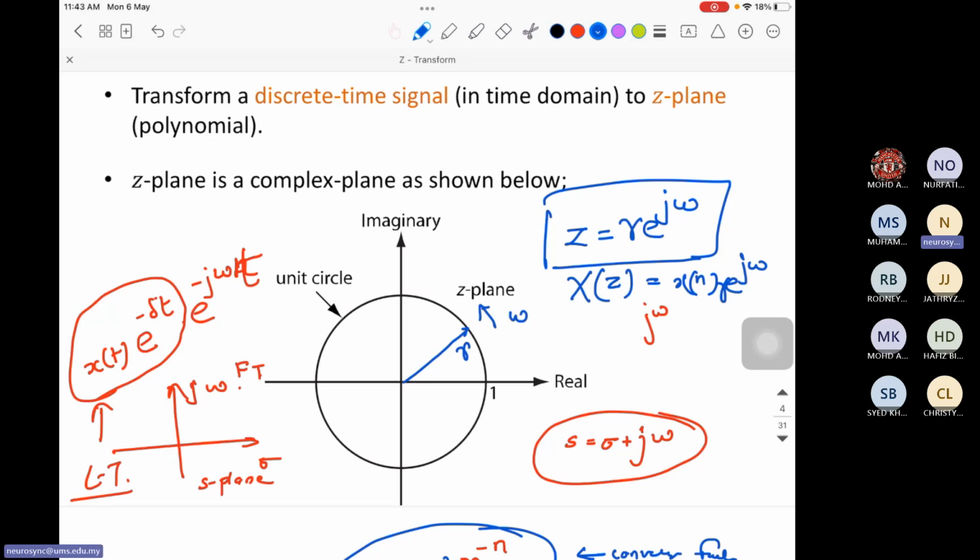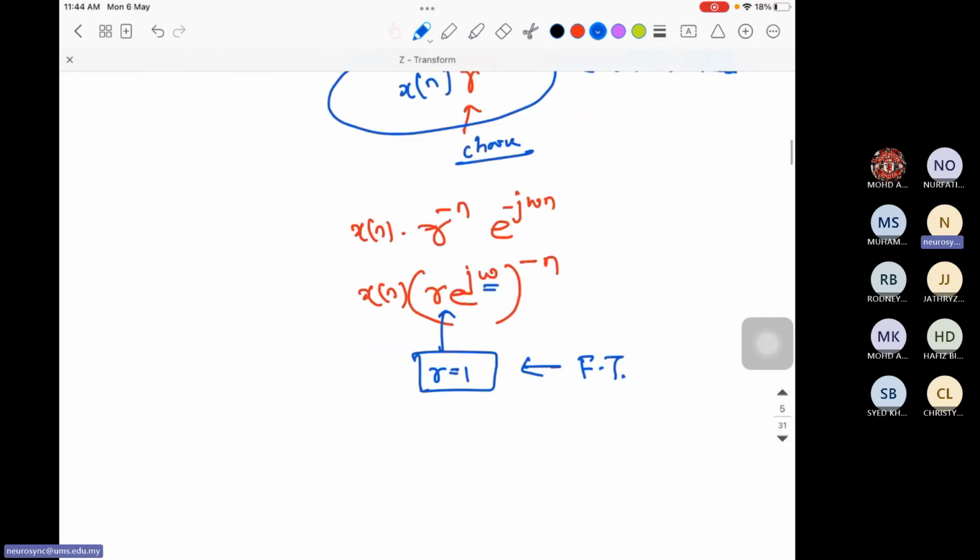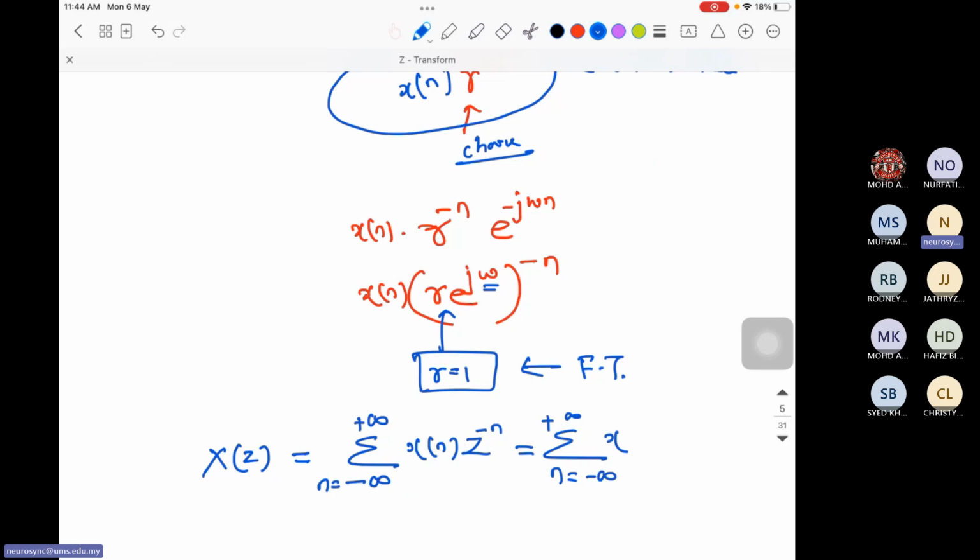Okay, so this is the formal definition of X(z): X(z) is the summation from minus infinity to plus infinity of x(n) z^{-n}. Otherwise, instead of z, this is the summation from n equal to minus infinity to plus infinity of x(n) (r e^{jω})^{-n}.